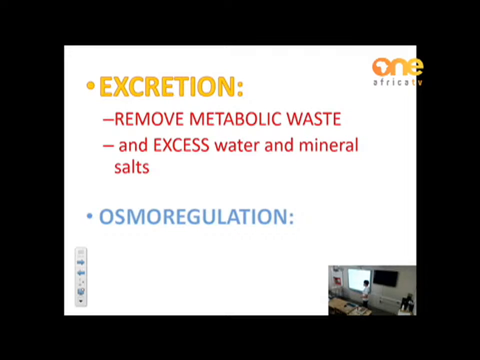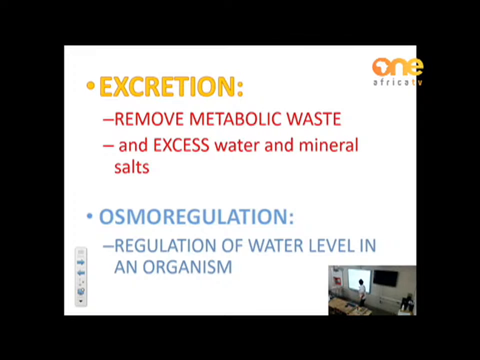Now, osmoregulation is the regulation of the water level in an organism. Our main excretory organ is our kidneys. Then we have secondary excretory organs, which we call the lungs and the skin.